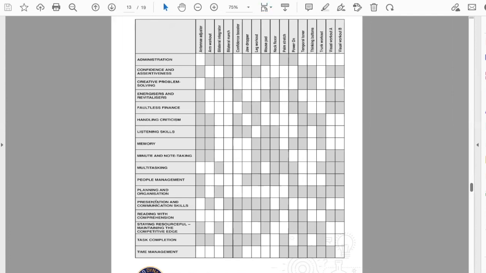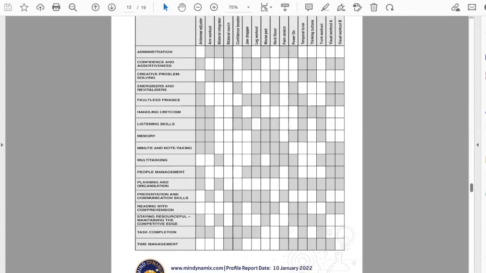Well, it's very practical. Things like listening skills, memory, multitasking, people management. So the beauty of this report is that you can brief in a coaching experience simply on the results of this report and using mind moves in terms of where you want to shift the client from where they are now to where they would like to be.